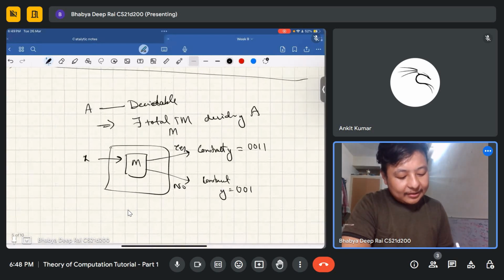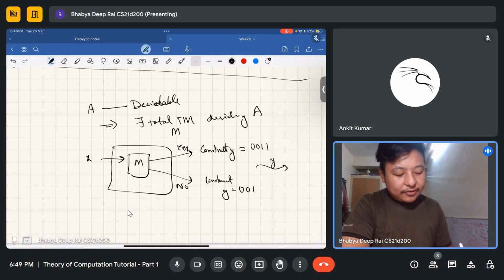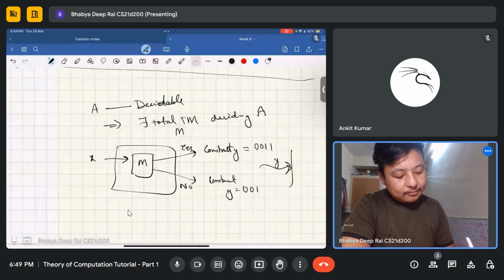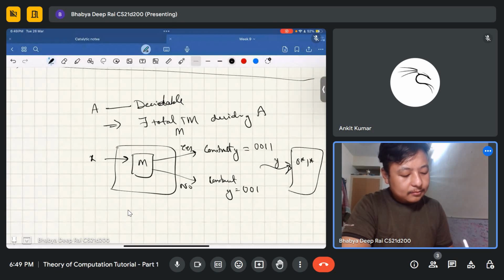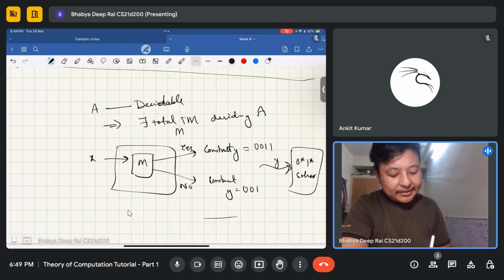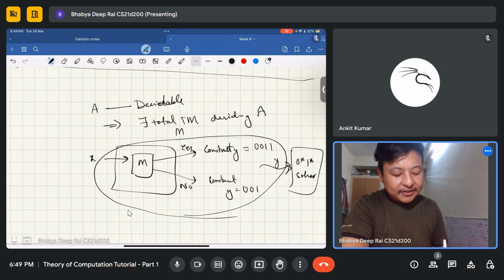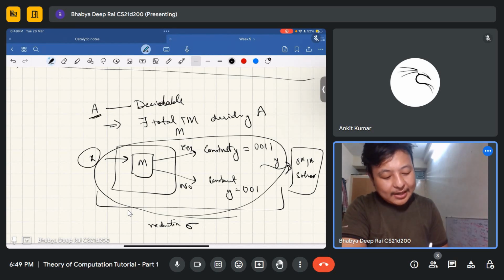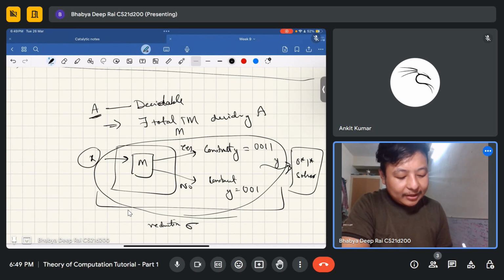Now this Y, give it to the 0 star 1 star solver. Treat this as your F, treat this as your reduction. It takes an input meant for A, and it converts it to an input meant for 0 star 1 star.